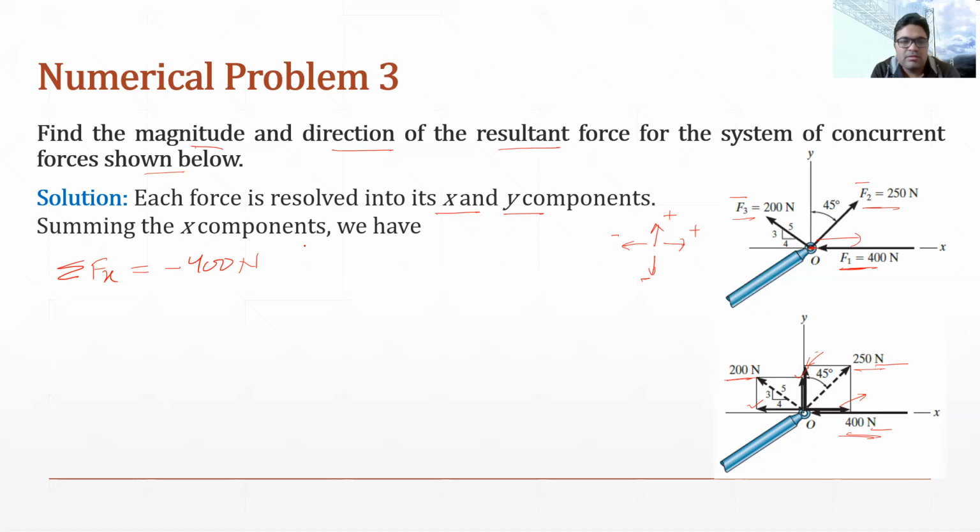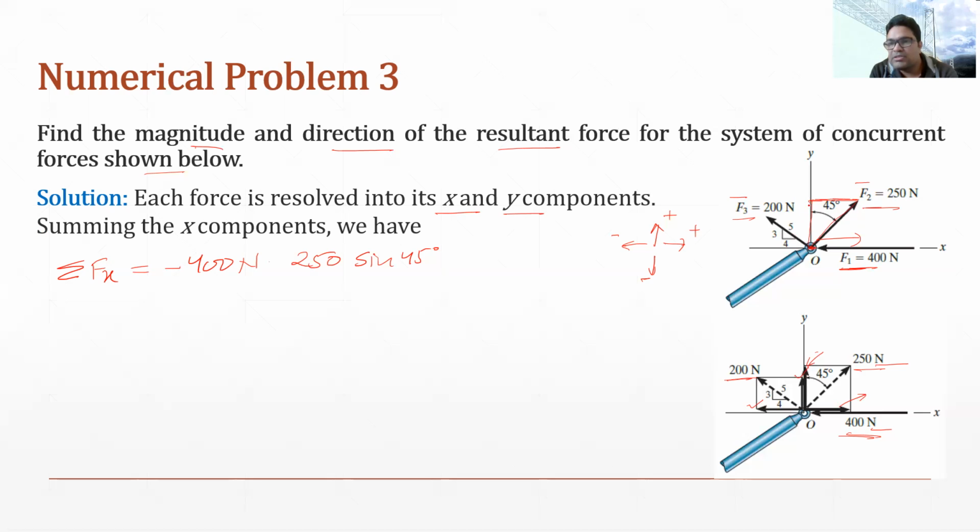it would be 250 sine 45 degrees. Why? Because it is making an angle with reference to the y-axis. So in that case, the right triangle will become like this one.